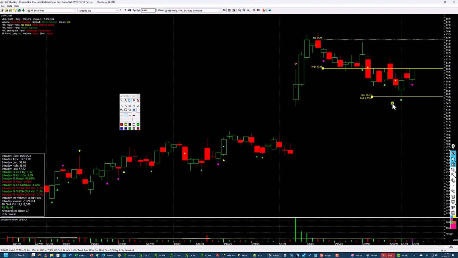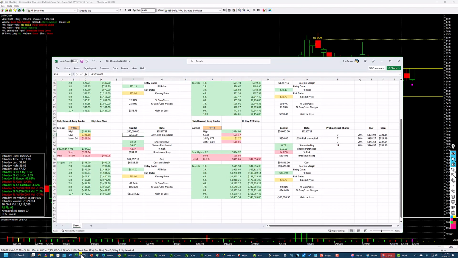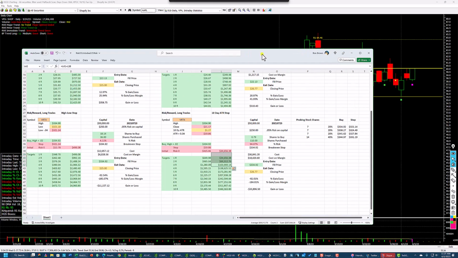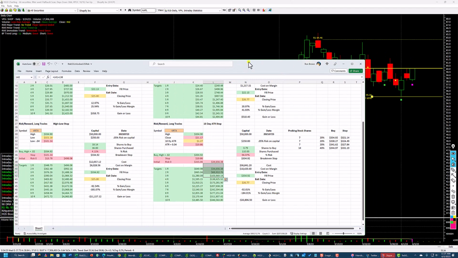But instead of doing that right now, and like I said, I'm going to be doing that, I'm going to bring up my spreadsheet here, and let's just put SHOP in here.